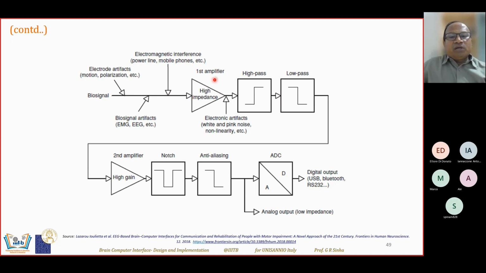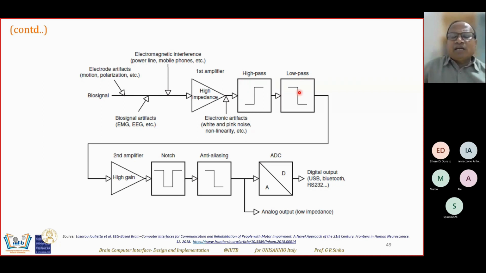Then it goes to a high impedance circuit. Again, there may be some white noise, non-linearity produced by the amplifier. The amplifier itself can introduce some problem in the circuit. Then it goes to high pass and low pass, depending on the requirement. Sometimes when you combine high pass and low pass, this becomes a band pass filter. Many times in EEG, you will find we use a notch filter.